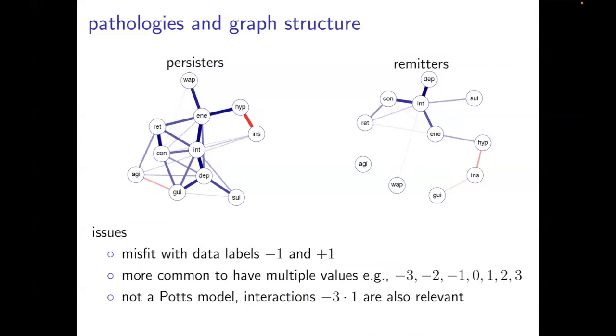Now, one of the problems we have is that often the data are not binary. They're on a Likert scale from 1 to 7, 1 to 4, or also very often -3 to +3. And so you have different kinds of models, and we're often not interested in the strict Potts model, for instance, where you could also have these multiple states, because we're also interested in interactions where you have -3 and 1.